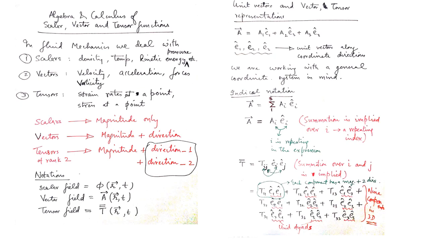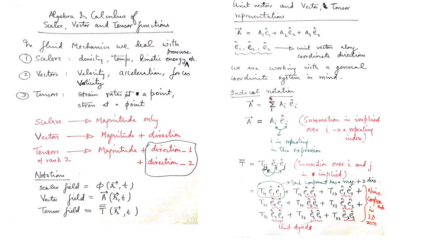Now, i is recognized as a repeating index. What do you mean by repeating? As I've already shown here, a_i e_i. If you look at the bottom, there is a green double-sided arrow drawn from one i to the other i. So in my expression A is equal to a_i e_i, i is a repeating index.